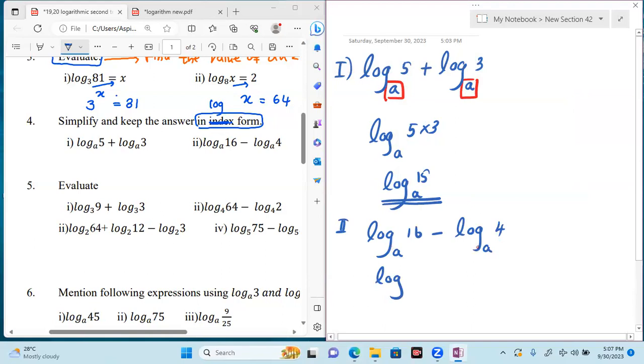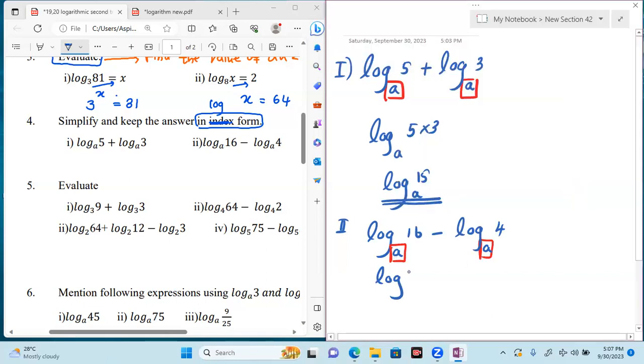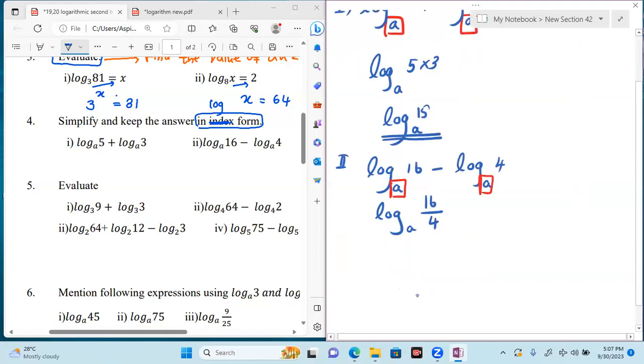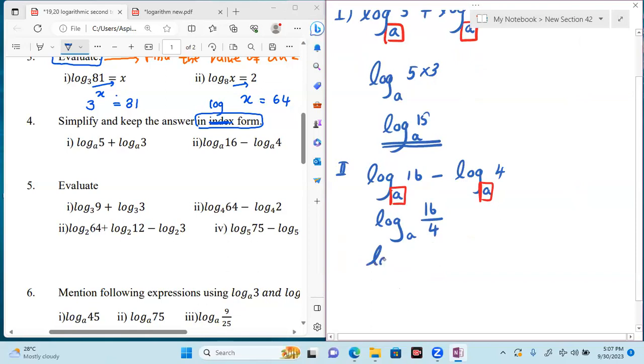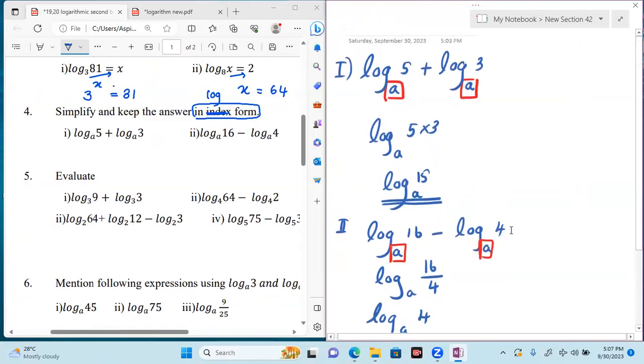Here it is very important to detect whether it is the same base or not. Then 16 divided by 4, because it is a subtraction. Then it is logarithm of 4 to the base a, because 16 divided by 4 is 4. This is the answer for the fourth one.